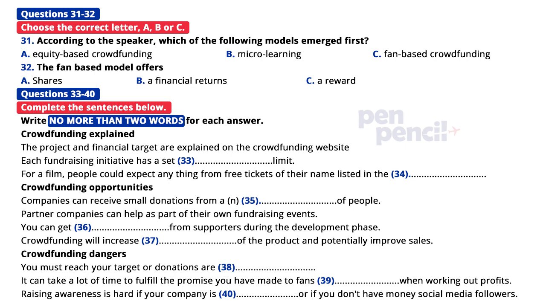For a small set donation, the donor might be offered a free ticket to the premiere or a DVD of the film. A larger set donation might be rewarded by the chance to attend a launch event when the film goes live. Those people who make bigger donations could even be offered the chance to meet the cast of the film, whilst the highest level donation could see the person's name mentioned in the film credits.